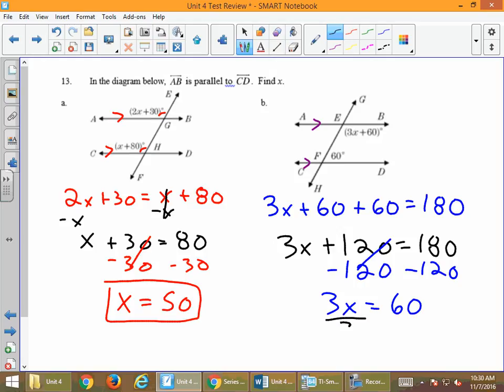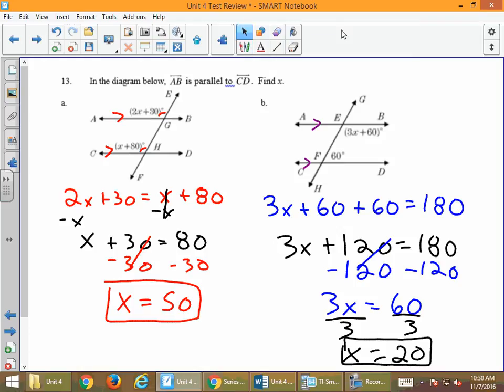Last step, we know, divide. So x gives me, Carl, 20. x is 20. We done? He's prepared for this. All right, we are done there.